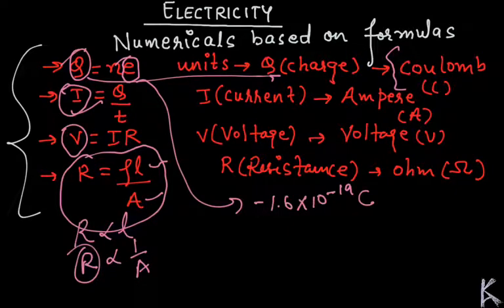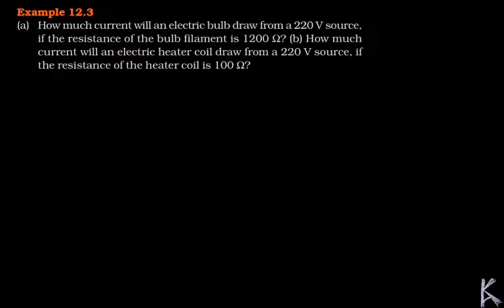So R is inversely proportional to the area of cross section and directly proportional to L, the length of the wire, and rho is the resistivity, which is the property of the material.